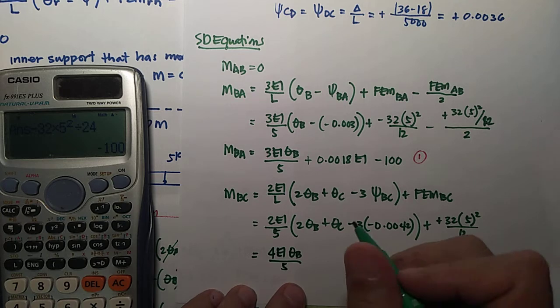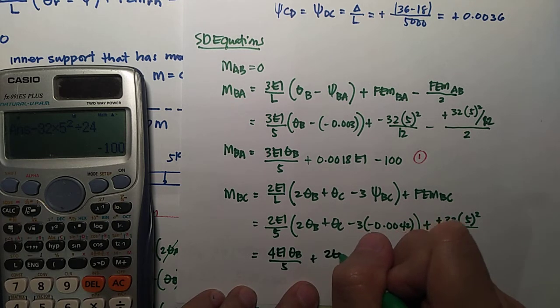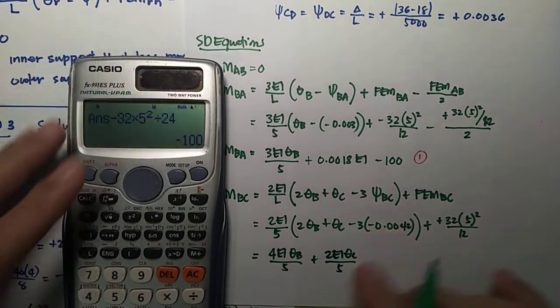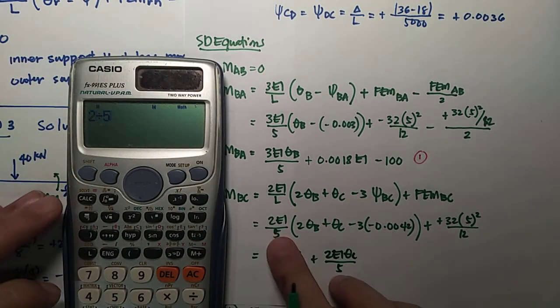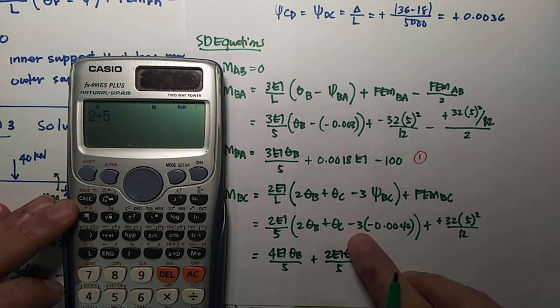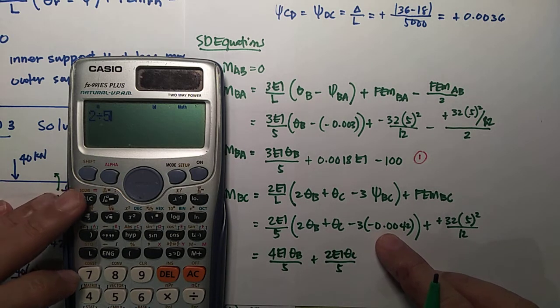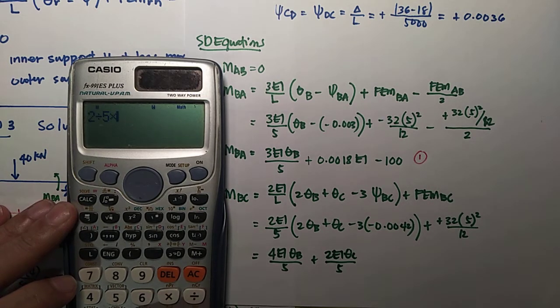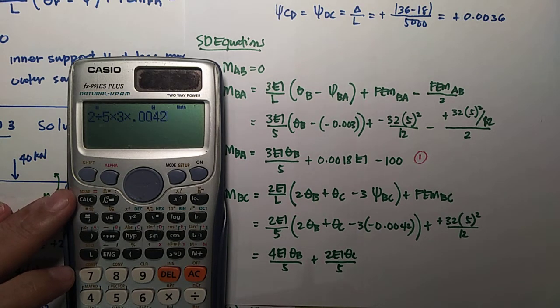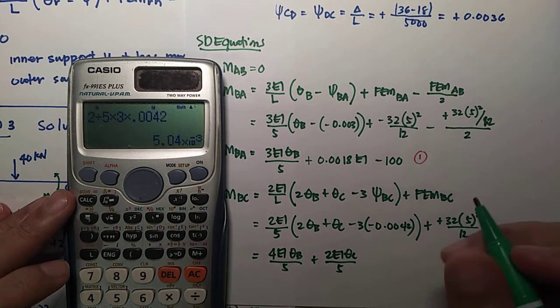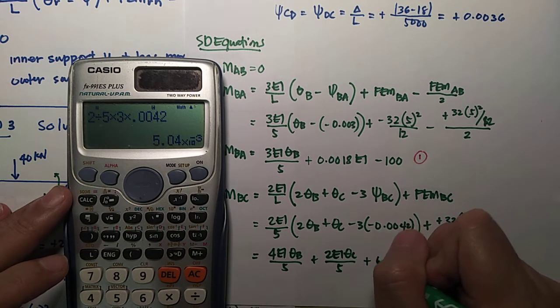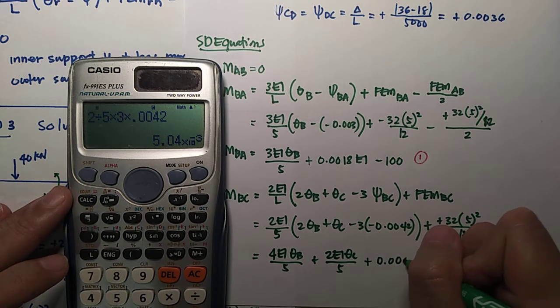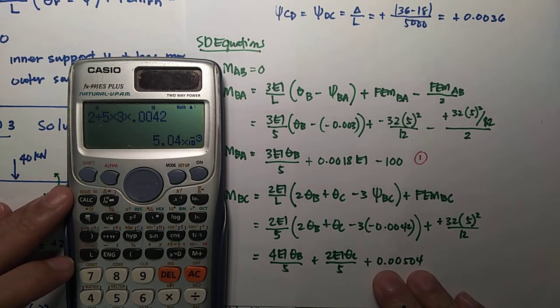Tapos for theta C, it's plus 2EI theta C over 5. Tapos ito, 2 over 5 minus 3 times this one. So that's a positive na. So times 3 times 0.0042. Okay, so that would be plus 0.00504. Okay, so EI.